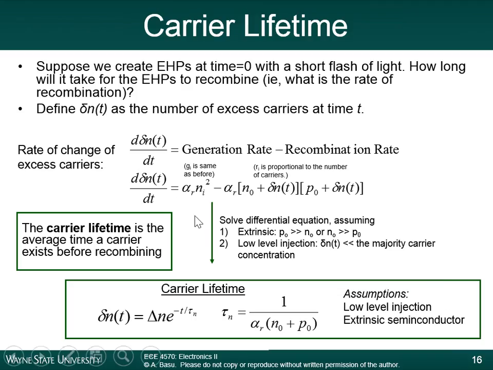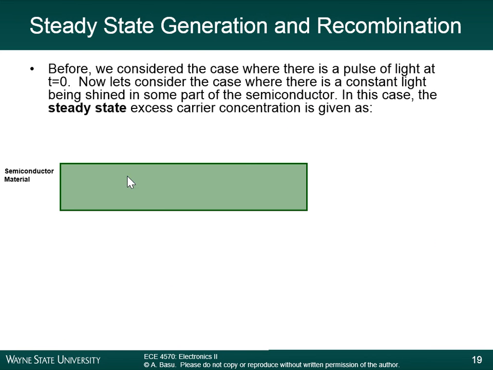So sigma n is the number of excess carriers at time t. Now what do we mean by excess carriers? You have a certain number of carriers in the material already. Silicon already has electrons and holes in it, right? At room temperature, silicon has electrons as well as holes.